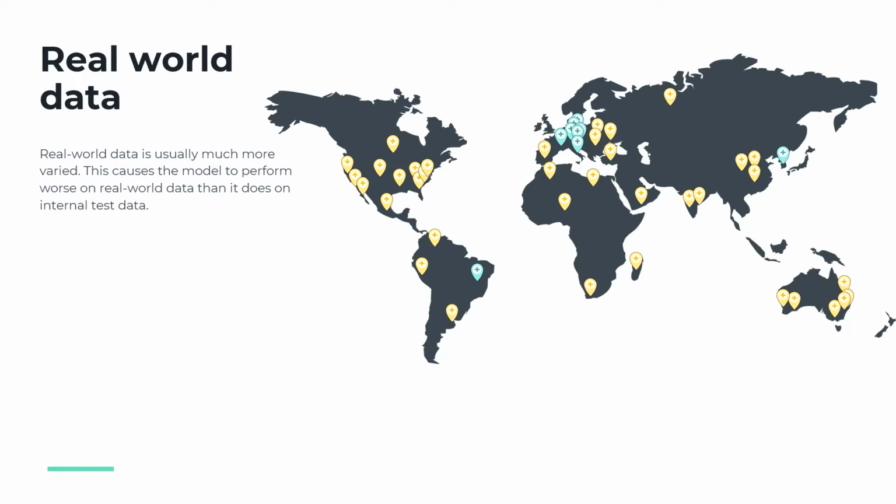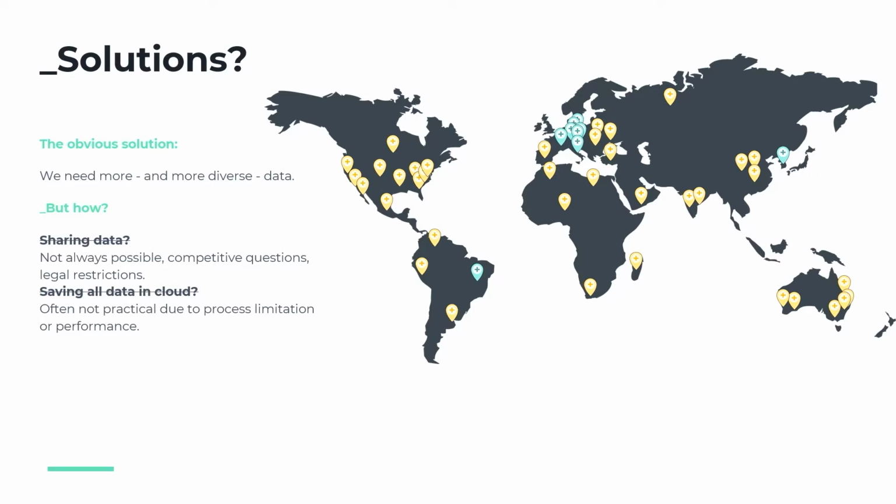The real world usually looks like this. You have customers or people on whom the model has to operate, who come from all over the world. So when you have trained a model here and it has to be used in South Korea, it might actually act differently. The obvious solution here is usually that we need more, more diverse data.